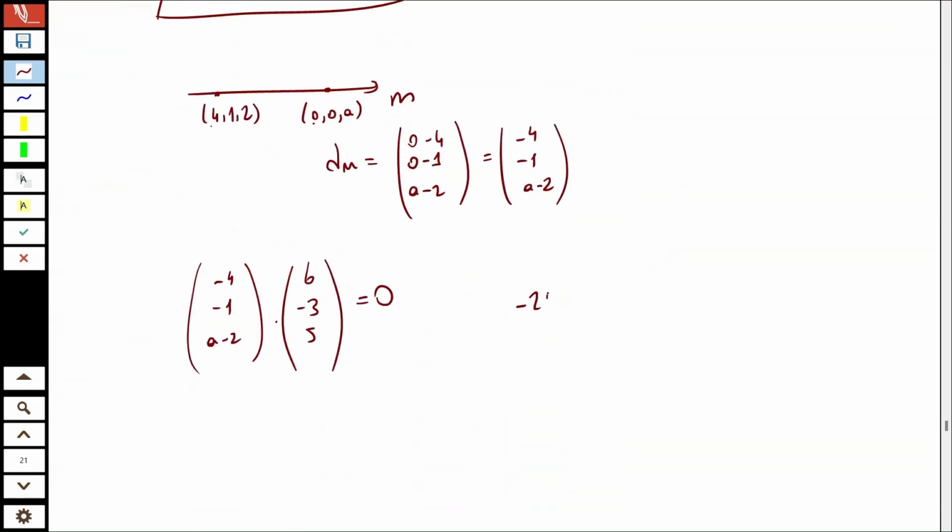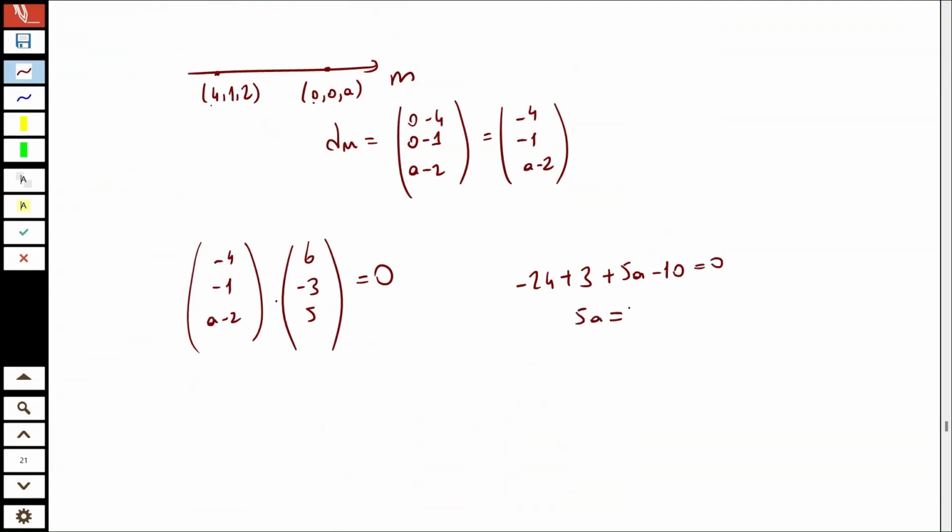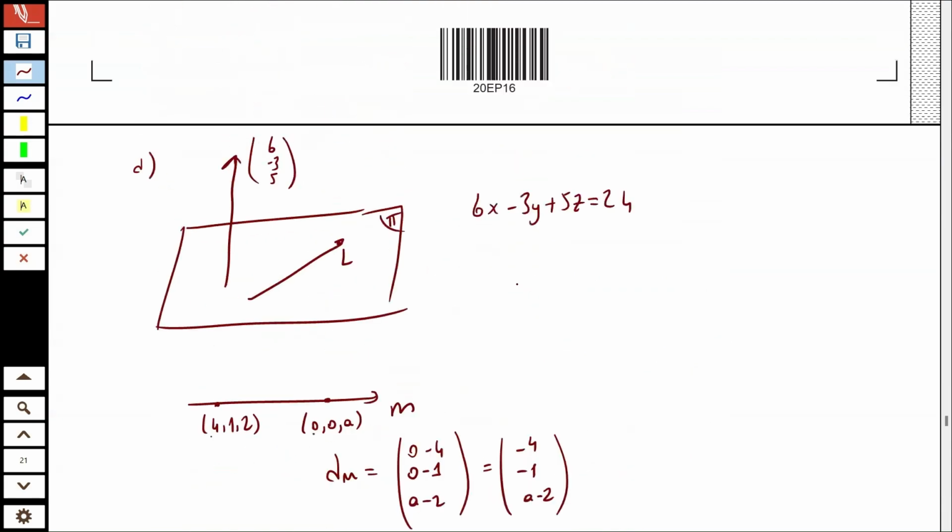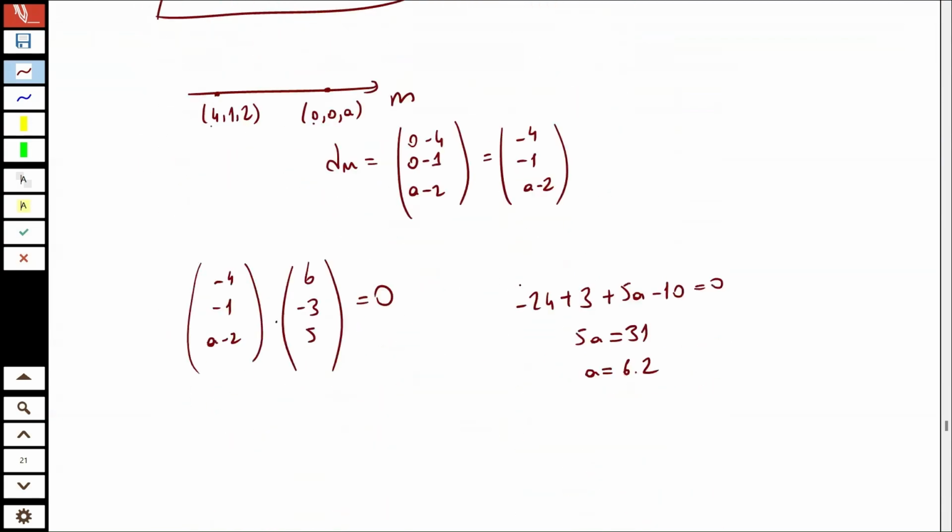In this case, minus 24 plus 3 plus 5 times (a minus 2) is going to be 0. 5 times a is going to be 31, and a is 6.2.